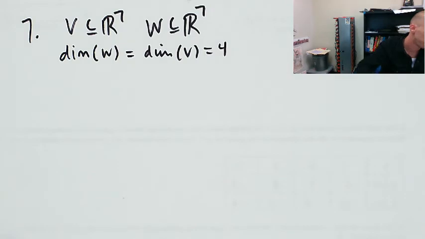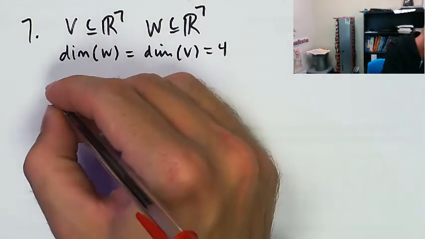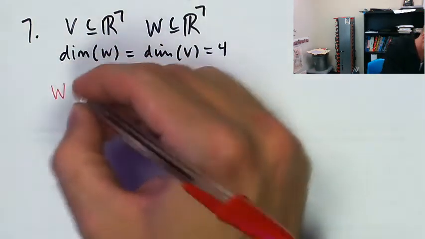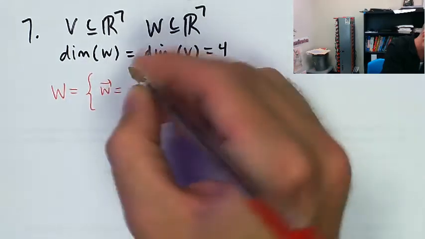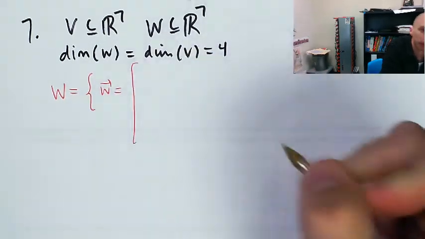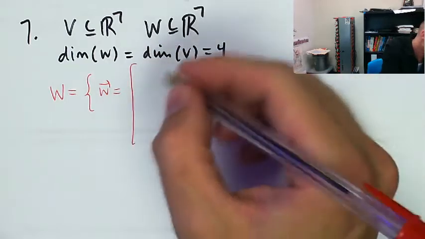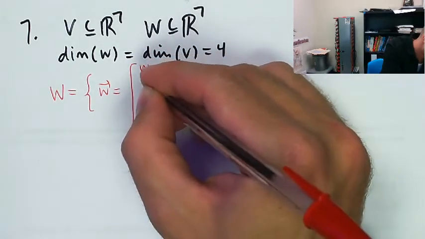I'm going to have 7 components, so that's kind of a lot. 4 dimensions, so I'll just do the first 4.